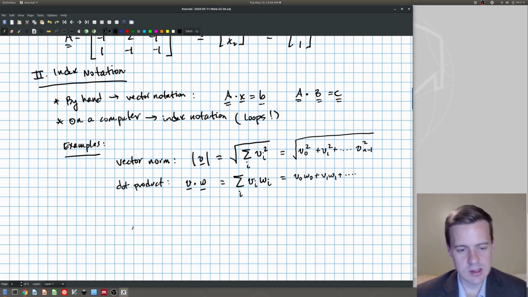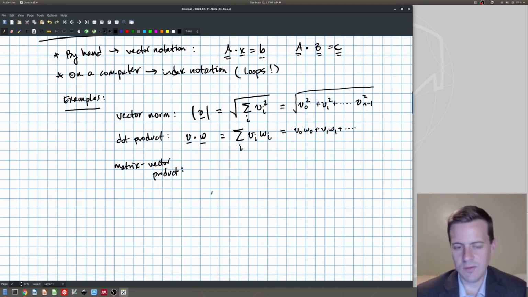Let's do the next one, a matrix vector product. In this case I'm going to have A dot x. So what is that going to be? I'm going to have another sum of A i j multiplied by x j, summed over j.